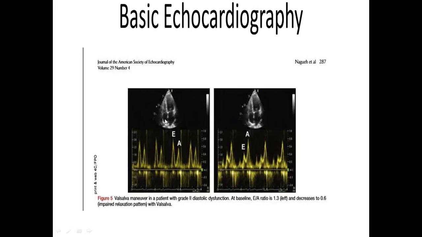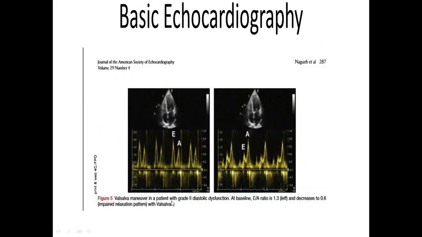So this is what we're talking about when you do the Valsalva maneuver. This is a pseudo-normal pattern with an E larger than the A. Okay, so you may call this normal, but when you do the Valsalva maneuver and you do your recording for at least 10 seconds, you can see a decrease in the E, and there's a slight increase in the A. If you do your E to A ratio, the E to A ratio will decrease by more than 50%.